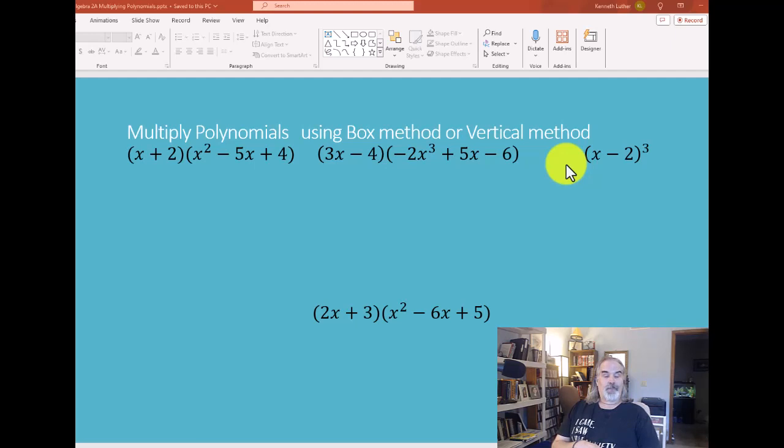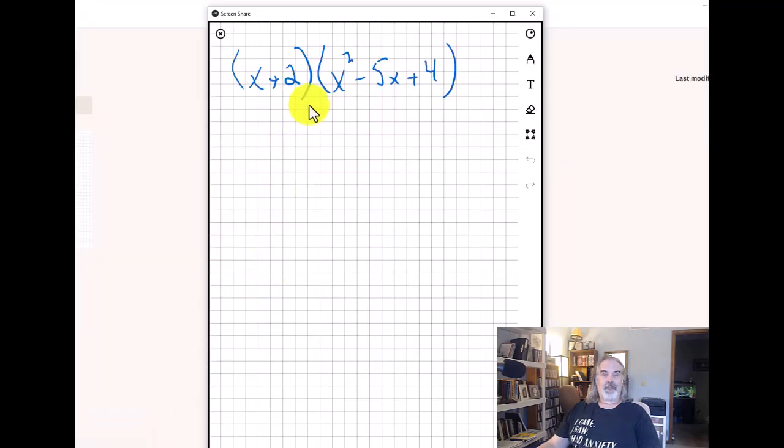So for that first one, x plus 2 times x squared minus 5x plus 4, we just have to remember that everything in the x plus 2 has to multiply everything in the parentheses on the right. So when we multiply this out, the x is going to come over here and grab 1, 2, 3 products. The 2 is going to come over and grab 1, 2, 3 products. We're going to end up with 6 little tiny terms, and we're going to add together the ones that we can and leave alone the ones that we can't, and then we're done.